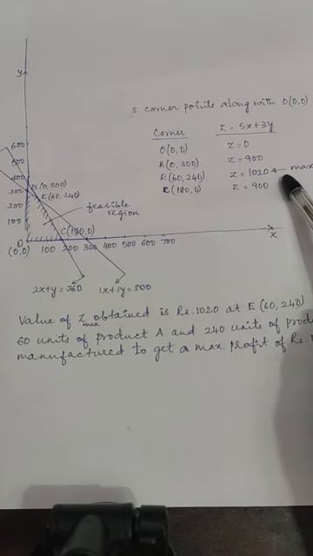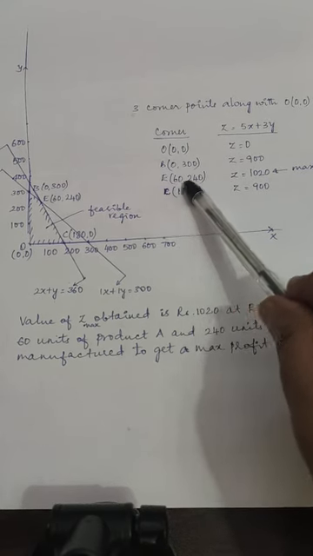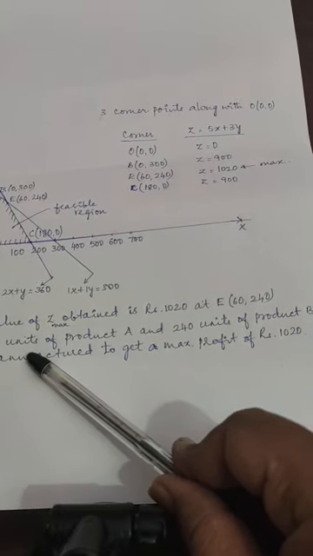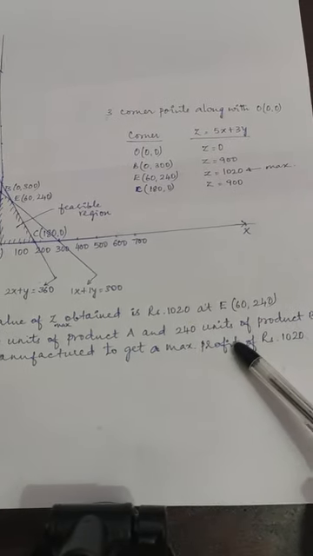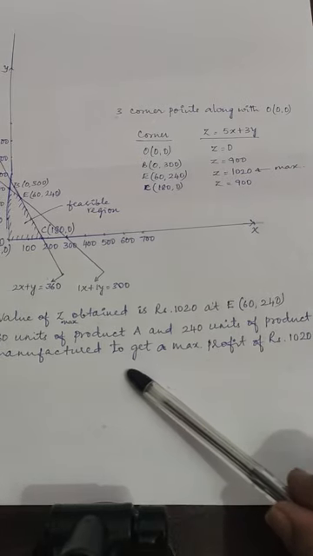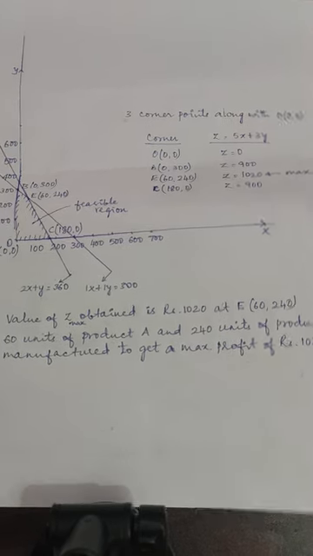So that is the maximum profit, which is obtained at the point E with the coordinates 60 comma 240. In the sense, 60 units of product A and 240 units of product B are manufactured to get a maximum profit of rupees 1020. Thank you.